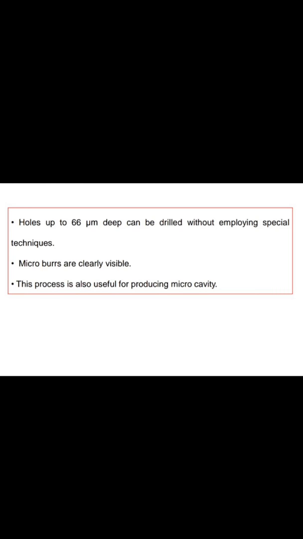Microbursts are clearly visible, so microbursts can be removed by advanced micromachining processes. This process is also useful for producing micro cavities. Suppose we want to produce a cavity which cannot be produced by traditional processes, then using these advanced processes, we can produce the microcavity in the desired format on the workpiece.